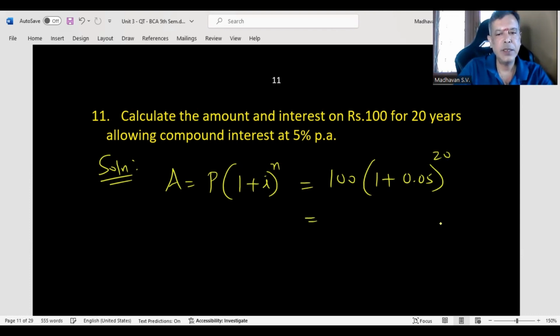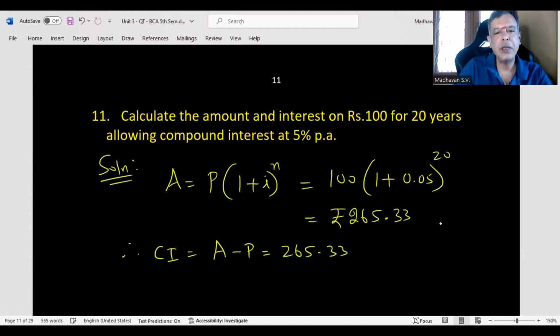So if we calculate this, we get ₹265.33. This is the amount. Therefore, compound interest is A minus P, which is 265.33 minus 100. And if I calculate that, we will get 165.33. That is the result. Let us move on to the next.